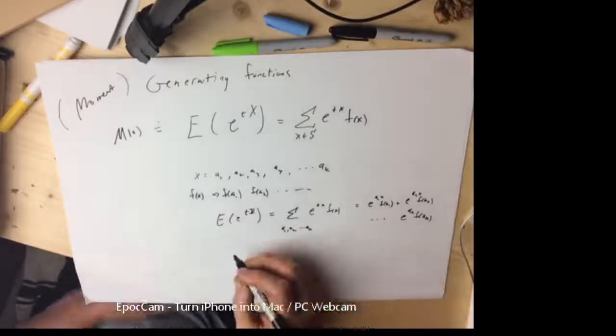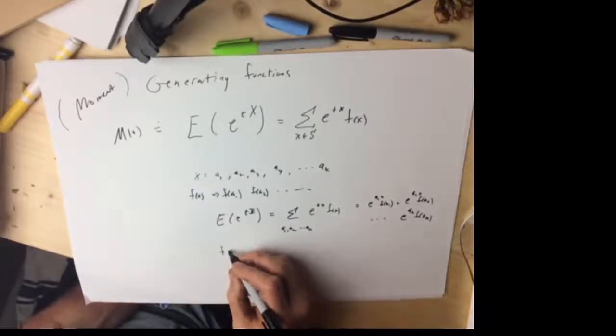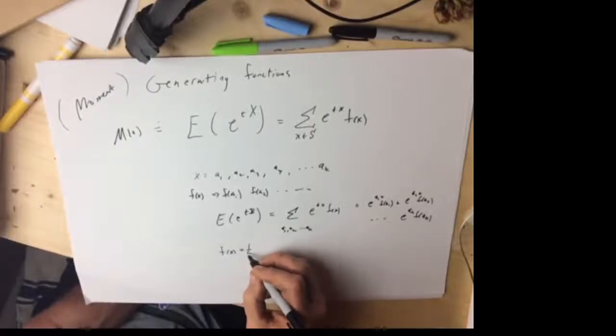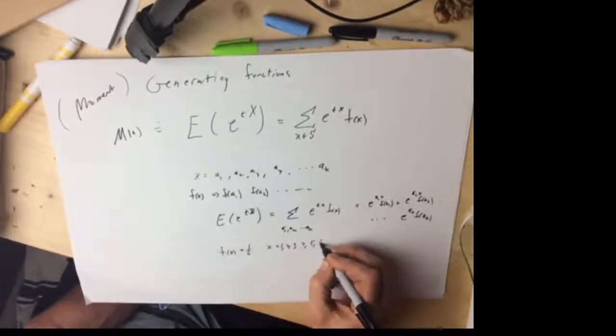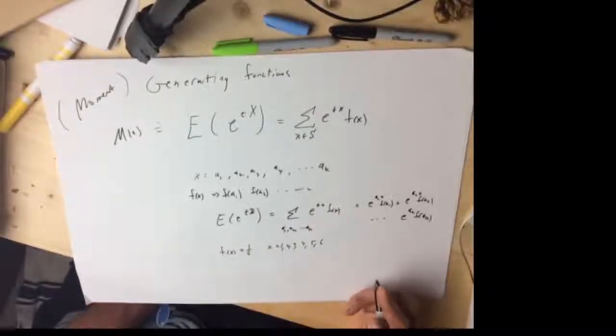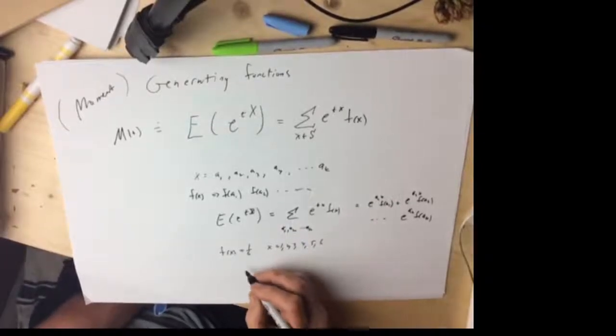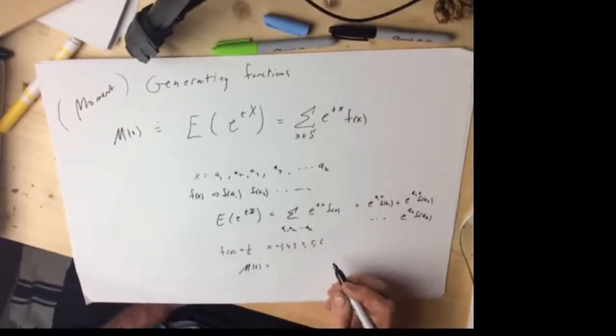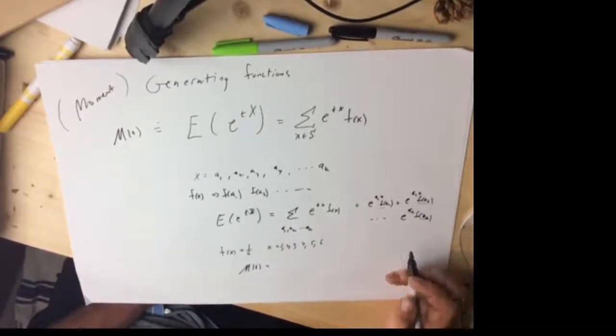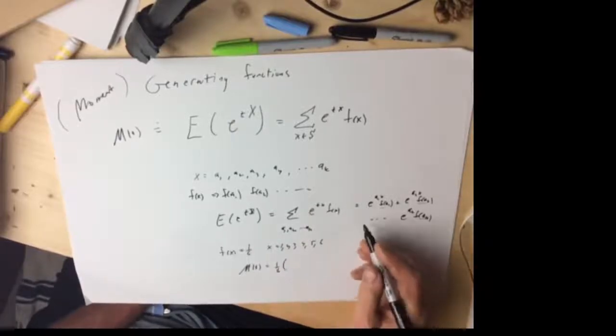Let's take the discrete uniform function. So let's say f of x equals 1/6 on x equals 1, 2, 3, 4, 5, 6. The roll of a die. What does this m of t look like? Well, each one of these is 1/6, so I'll factor it out.